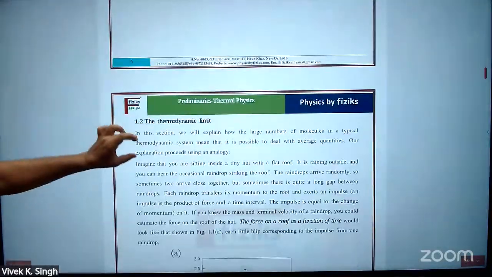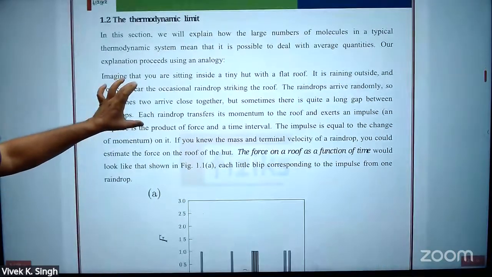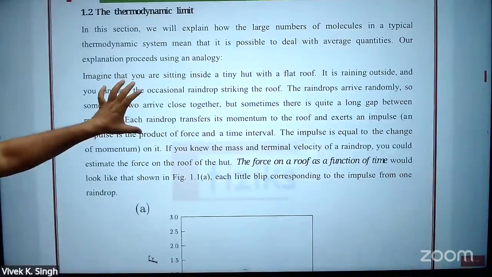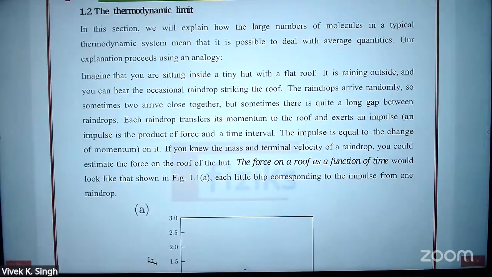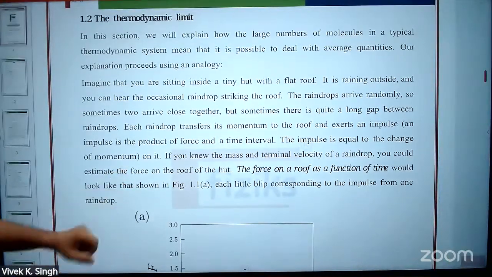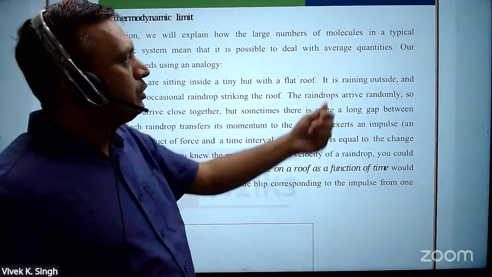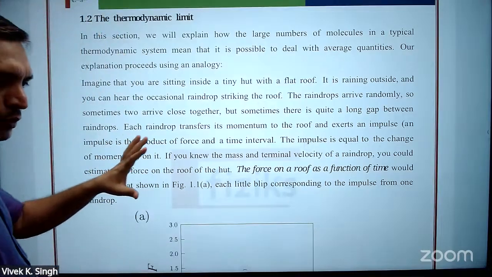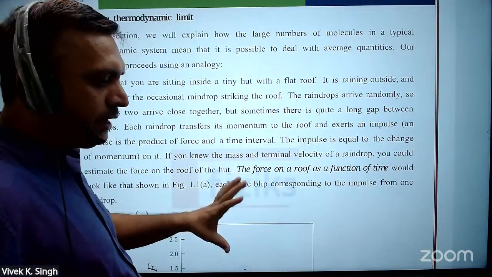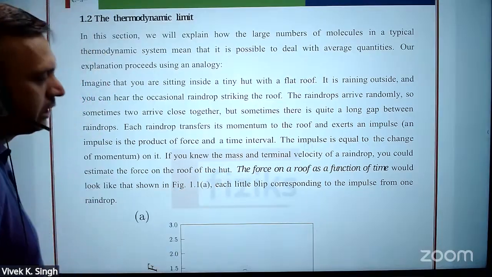Now see, what is the thermodynamic limit? Can you see it? Yes, sir. No need to write because I will share it. Just try to understand what you mean by the thermodynamic limit.